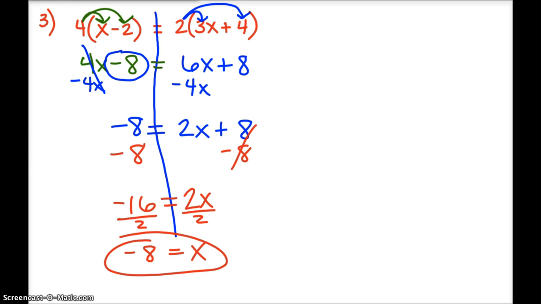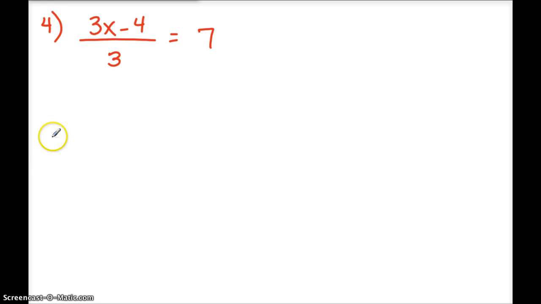Okay, the very last one we're going to look at is a little bit different. We talked about this a little bit yesterday. But anytime you have a big fraction like this, you have multiple terms all divided by one single number. So we have this 3x minus 4, all of that divided by 3.